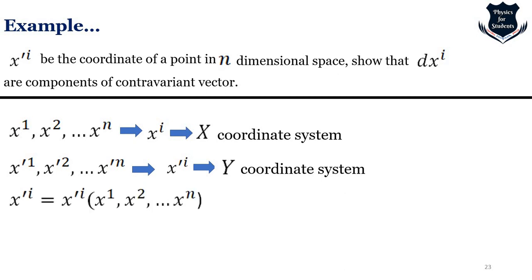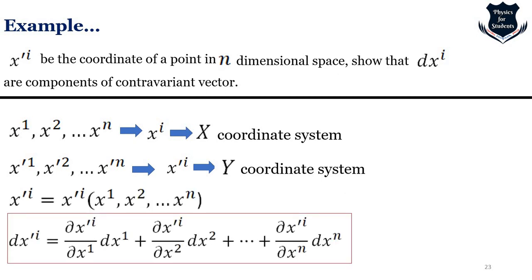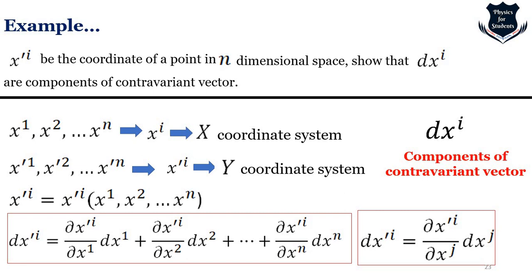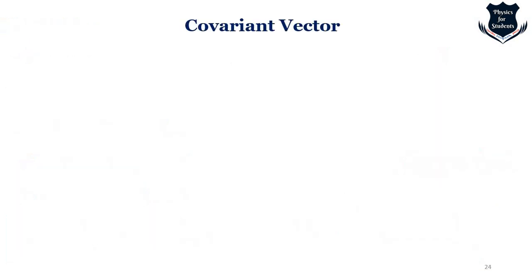We get this, and using the rules we get this, and from there we get this. So it is the law of transformation of a contravariant vector, and obviously dxi are components of a contravariant vector. This is quite simple, just a basic demonstration which will make things more solid for the listeners.